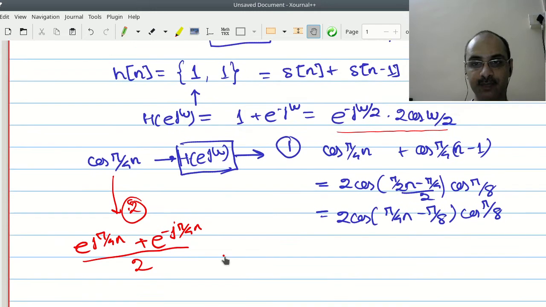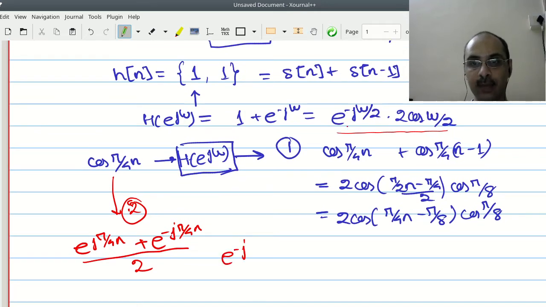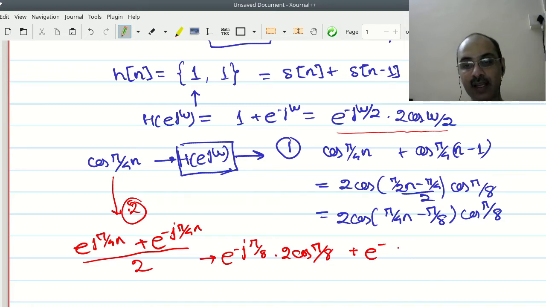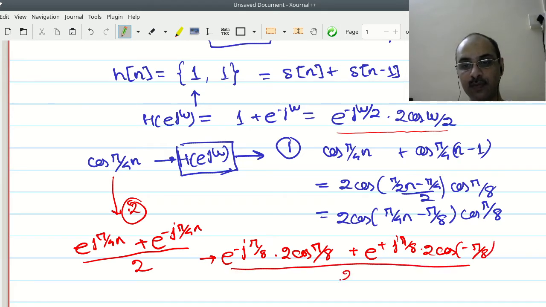The output is going to be e^{-jπ/8}, remembering that omega over here is π/4. So this is H(e^{jω}) evaluated, into 2 cos(π/8), plus the second one is going to give me e^{+jπ/8} into 2 cos(minus π/8), whole divided by 2.